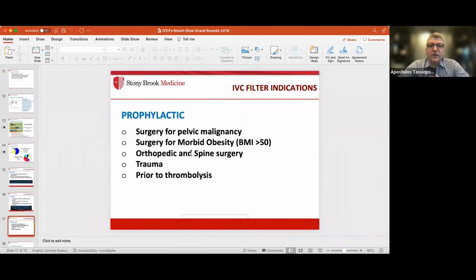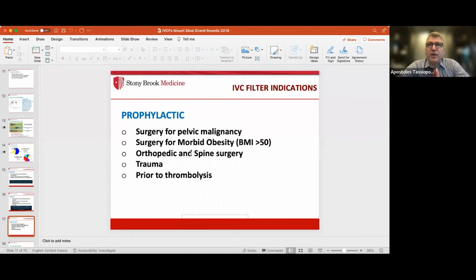There's been a lot of discussion on prophylactic use of inferior vena cava filters. A decade ago, it was a very prevalent thought process that patients who are morbidly obese or have a pelvic malignancy, or patients who have orthopedic and spine surgery or multi-trauma, should have a prophylactic IVC filter placed prior to surgical interventions.